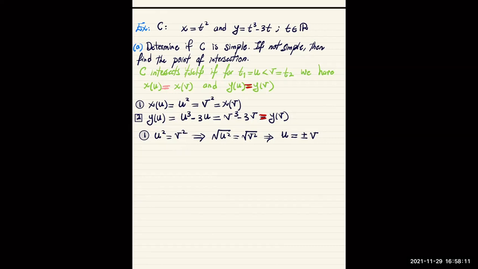Now, my question for you guys is which one are we going to take? Are we going to take u equal to v or u equal to negative v as our solution?